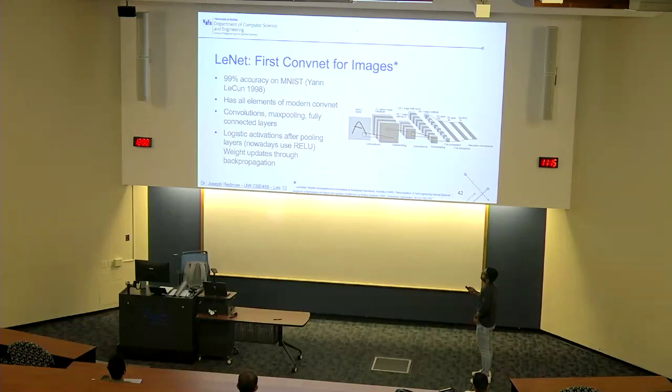And this got 99% accuracy on MNIST back then. It has all the same building blocks that we looked at. It has convolutional layers and subsampling, which is similar to the max pool that we talked about. And towards the end, we have a fully connected output.